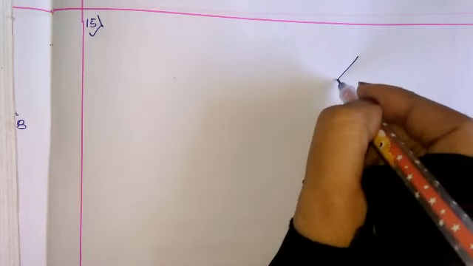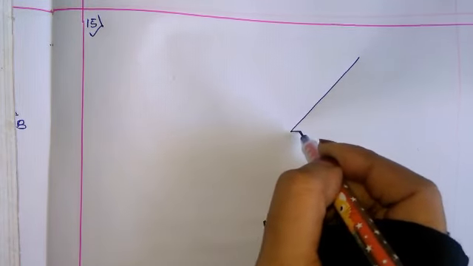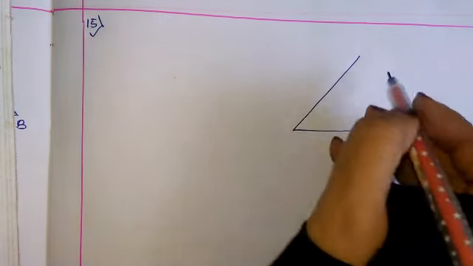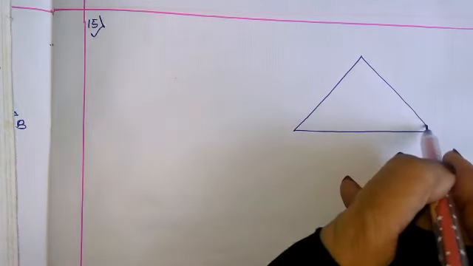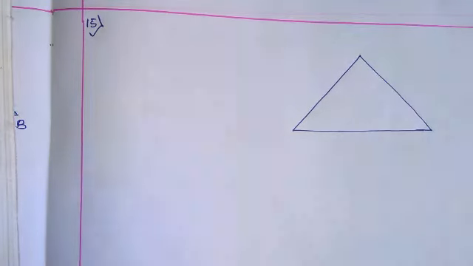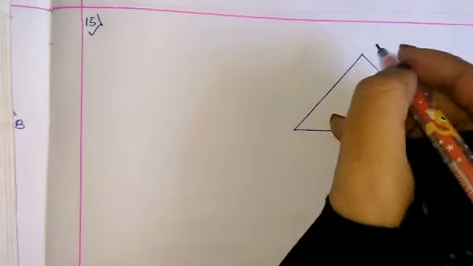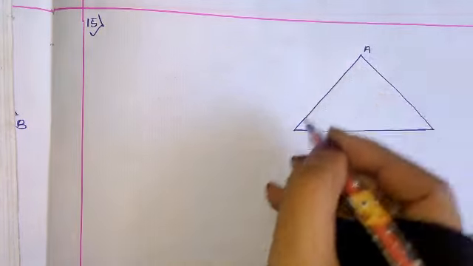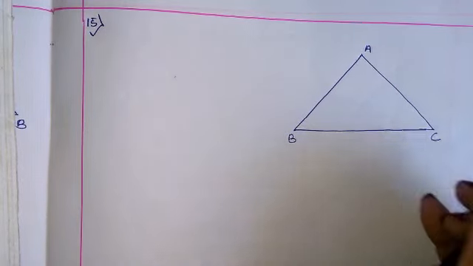So let us draw the figure first. One equilateral triangle we have to draw. Equilateral triangle means we know that all the sides are equal, right? So let me draw one equilateral triangle. I'll write sides A, B, C they have told, right?